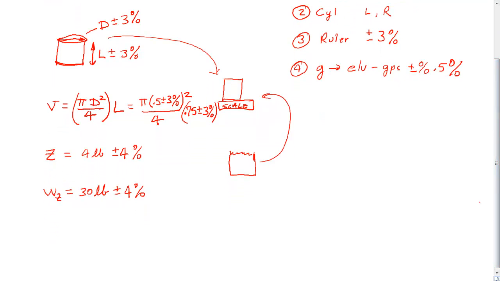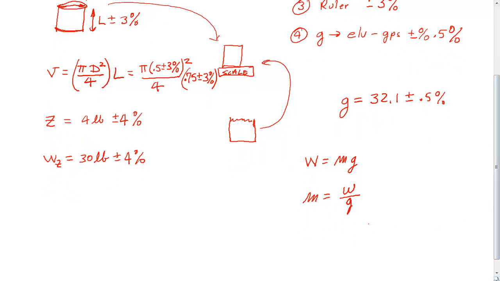Now for my final equation, I need to measure my gravitational constant. I'll say my gravitational is 32.1 plus or minus 0.5%. Since the weight is equal to mg, then the mass is equal to the weight divided by g. So I'm looking for the density, being the mass per unit volume.